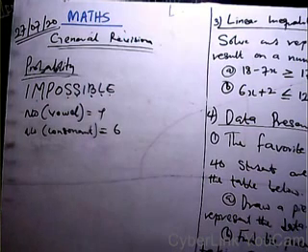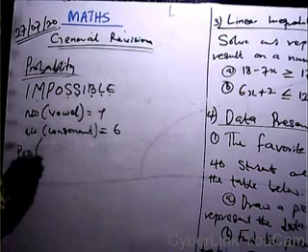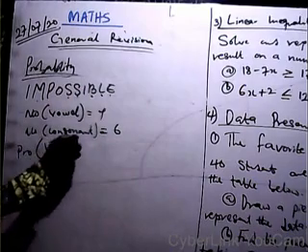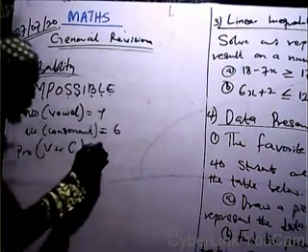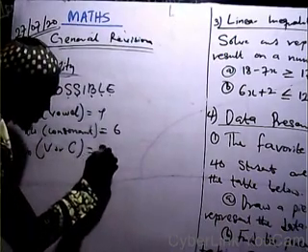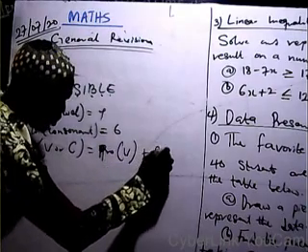Okay? Probability of vowel or consonant will now be probability of vowel plus probability of consonants.